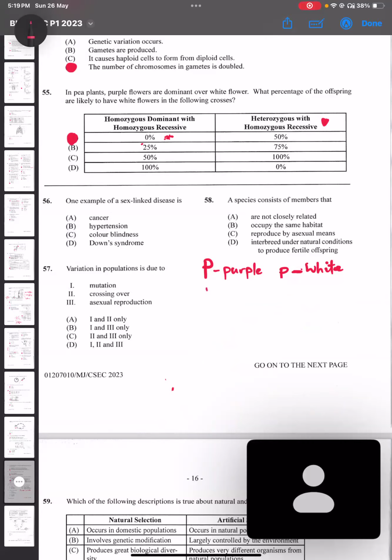to know what this one is, heterozygous with homozygous recessive, it would have been Pp for the heterozygous. And then two small p's for the homozygous recessive. And then you do your square again.